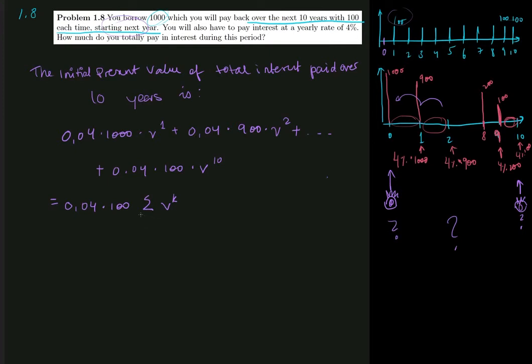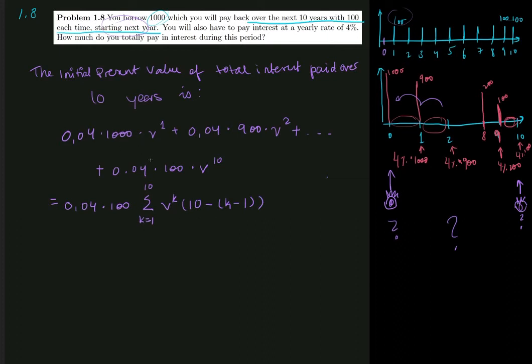So we have the sum with k equal to 1, 2, 3, 4, etc. up to 10, and we multiply that by 10 minus k minus 1, well, since I've taken 100 outside of the parentheses.